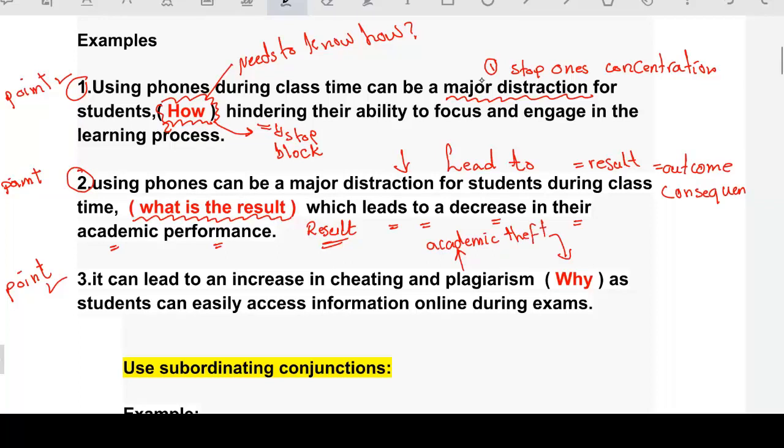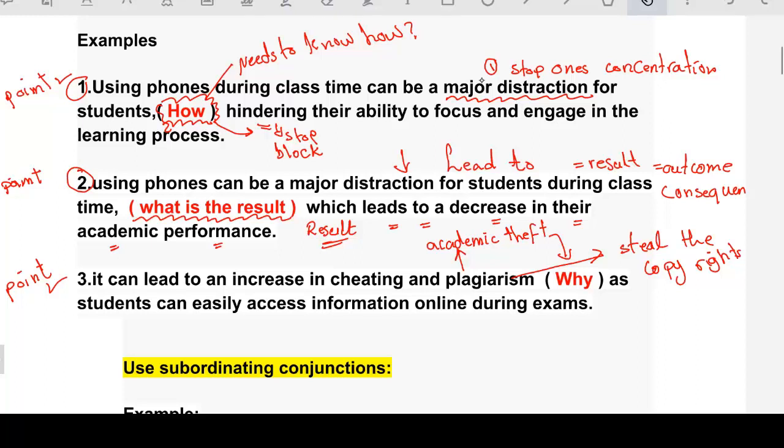Academic theft means that people can steal the copyrights of an author or of a content. This is the meaning of plagiarism. So it can lead to an increase in cheating and plagiarism.